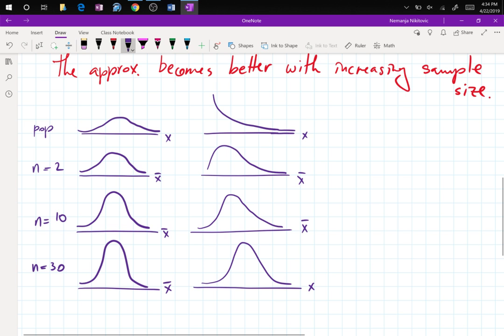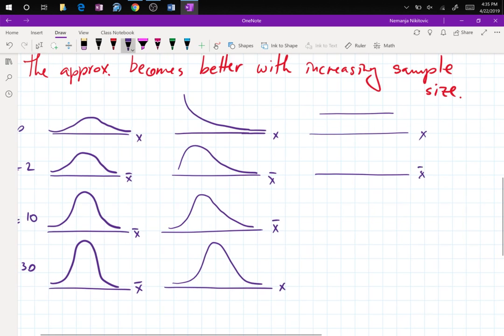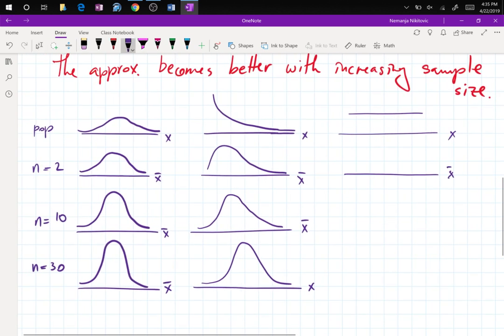This is why we are looking for sample size 30 or bigger. If you have the uniform, the flat distribution on x, then for n equals 2 you have one of those triangular shapes, and then it becomes a normal distribution as you have more samples.